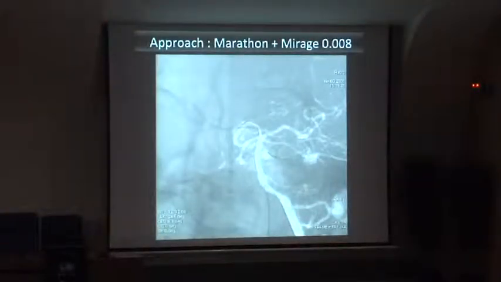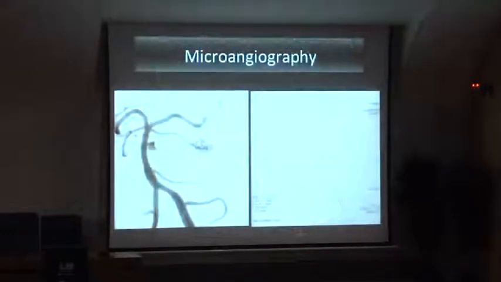I inserted the microcatheter into the perforator to reach the AVM, and of course, through the ruptured aneurysm. This is the microangiography. I inserted a balloon catheter in preparation for rupture, and the microcatheter tip is just before the nidus.